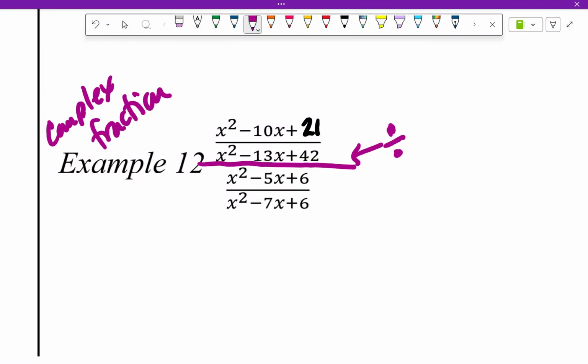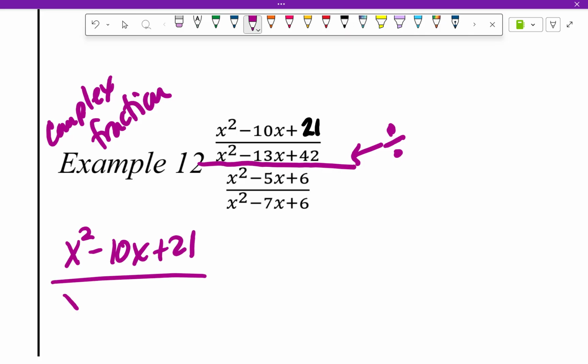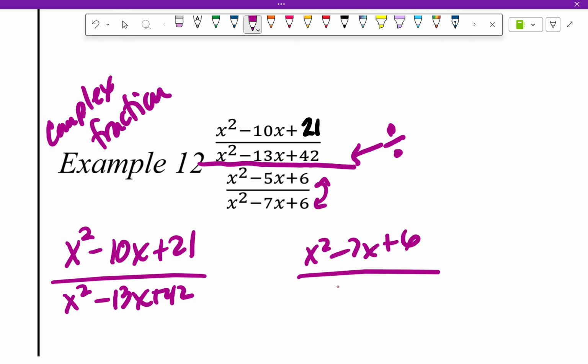Okay? So, I am keeping x squared minus 10x plus 21 divided by x squared minus 13x plus 42. I am flipping the denominator fraction, so it would be x squared minus 7x plus 6 divided by x squared minus 5x plus 6.